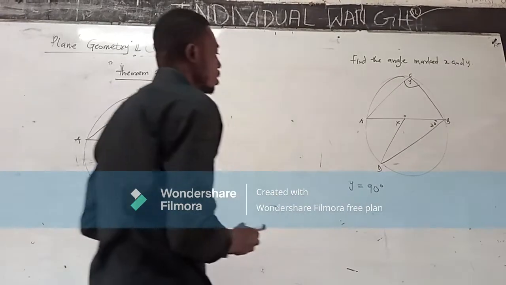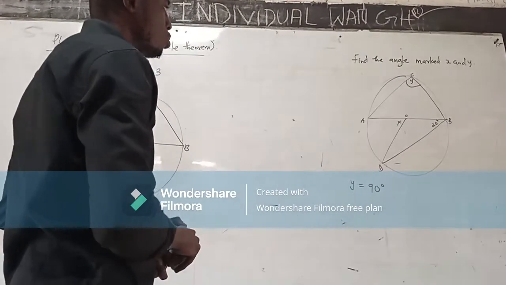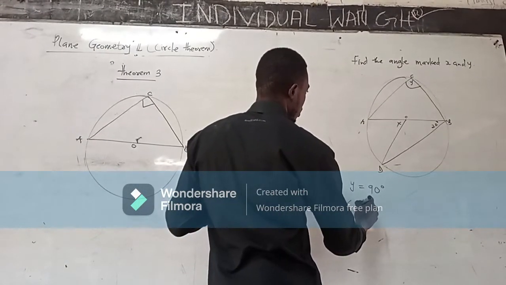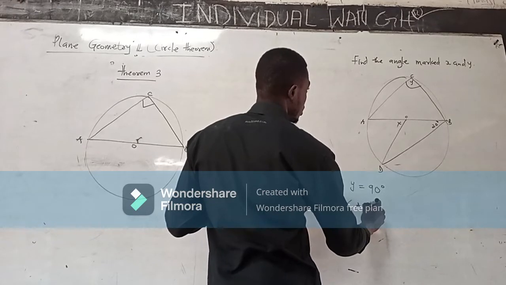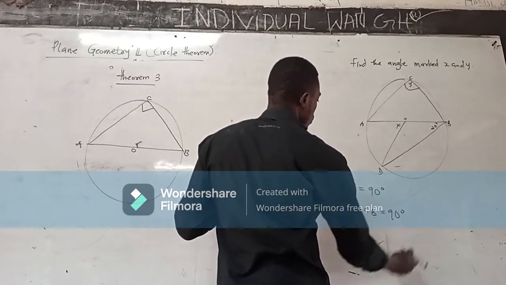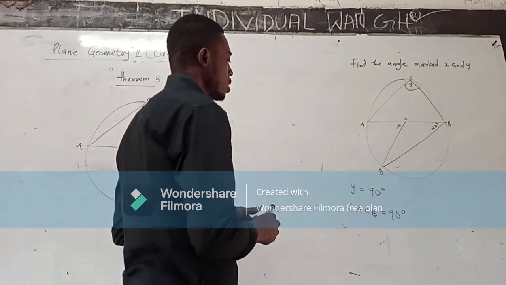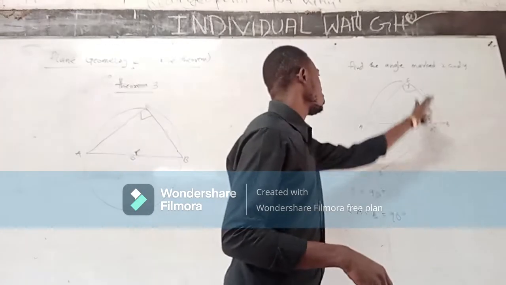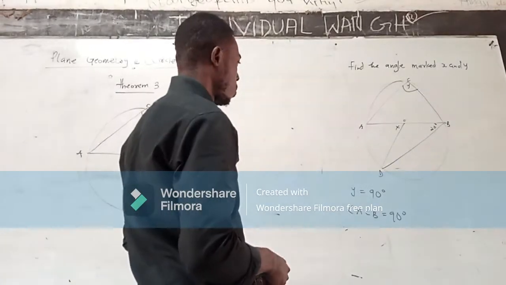This one is stated by the rule. So you can say that angle ACB is equal to 90, all because of the diameter that is built on this angle.